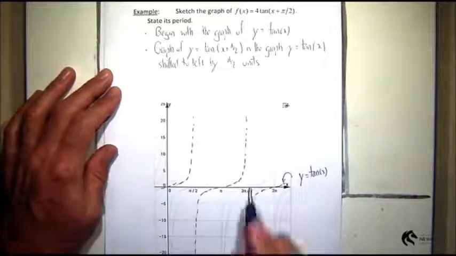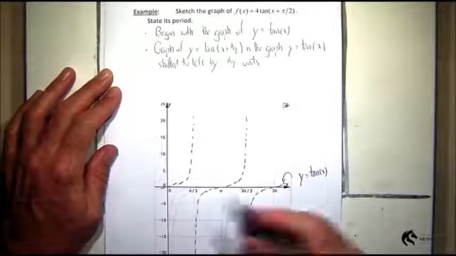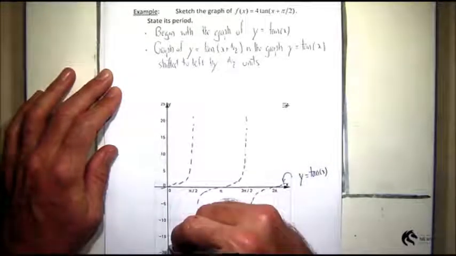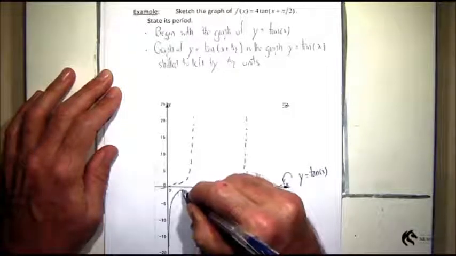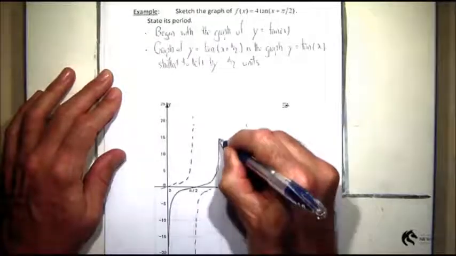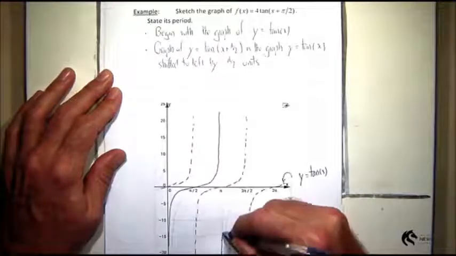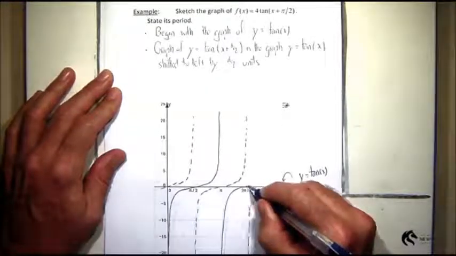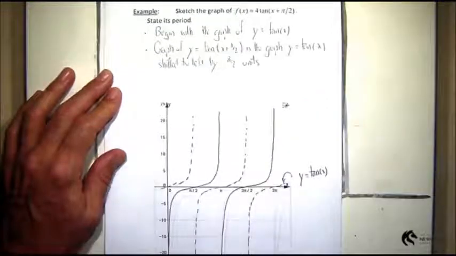So I get this dotted graph here and I move it to the left, and it now looks like this. It goes up. We'll go up like that.